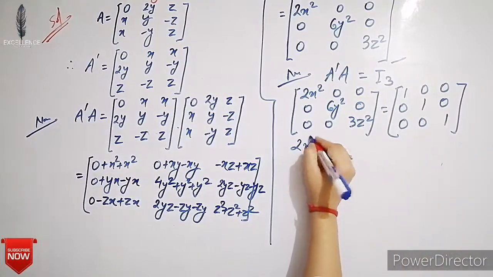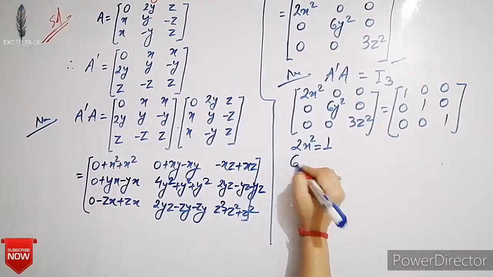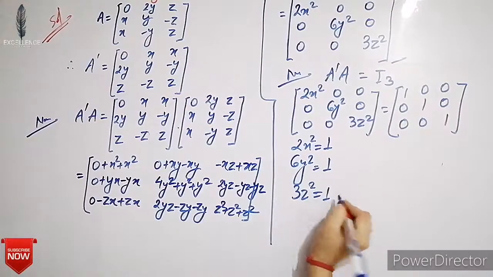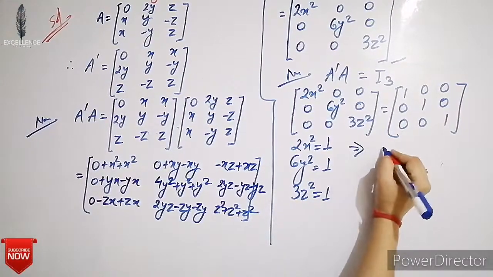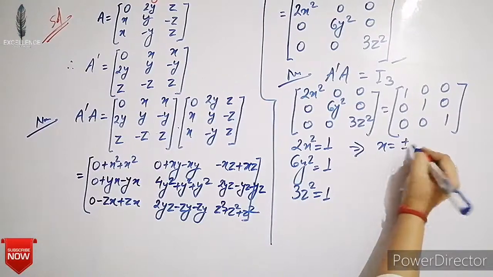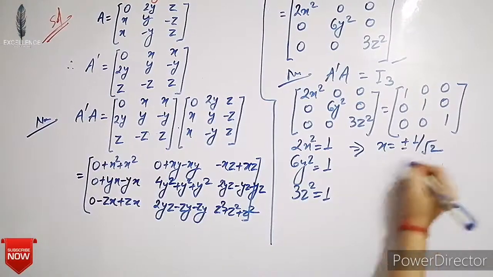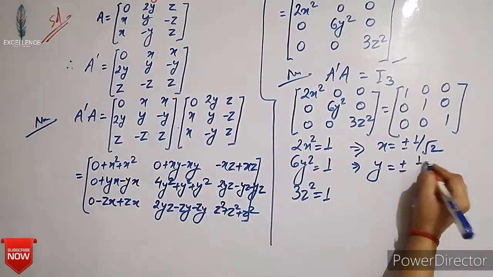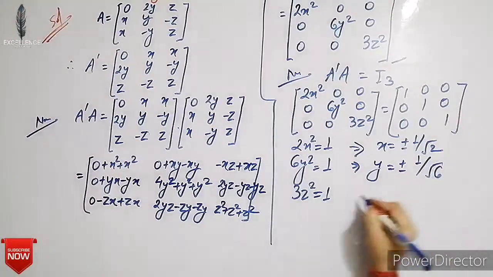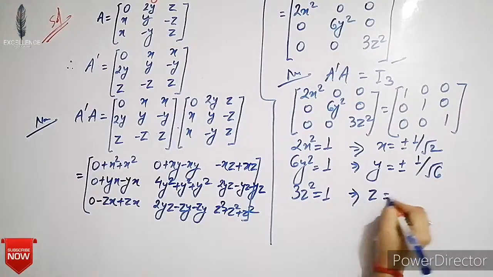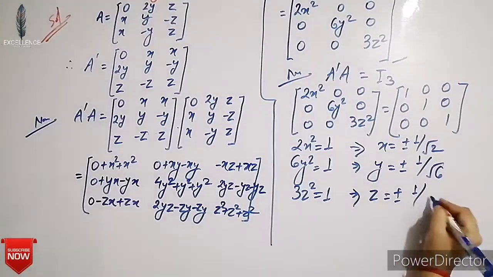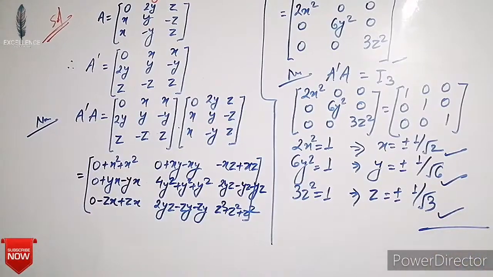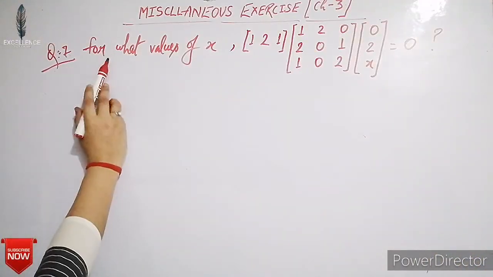On comparing the corresponding elements, we have 2x square equals 1, 6y square equals 1 and 3z square equals 1. That gives x equals plus or minus 1 by root 2, y equals plus or minus 1 by root 6, and z equals plus or minus 1 by root 3. Okay, these are the values of x, y, z. Let's see the next question number 7.